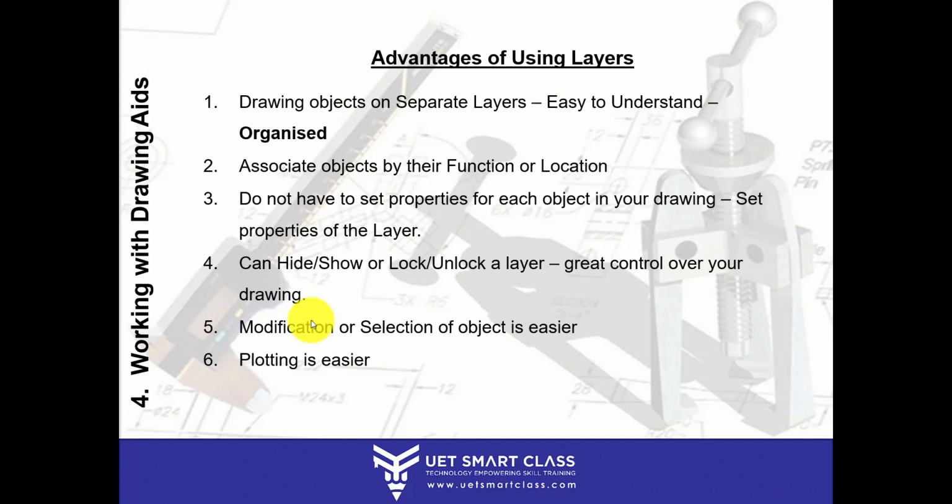Then you can lock and unlock. If you lock a particular layer, it cannot be edited. This is the best example for it. If you have made a furniture layout and on top of it you want to place a ceiling layout wherein you want to place a fan, while placing the fan you don't want to touch your bed design or your room design.